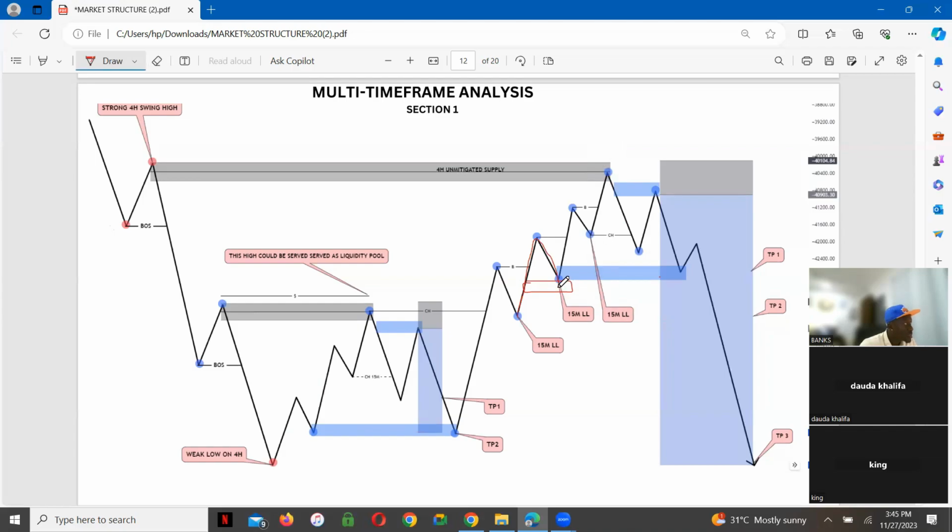Take an entry here, price came all the way up here. The pullback, maybe pick an entry, but price has not yet mitigated the higher time frame supply. Though you are trading against the trend, you could be making some small profit within this range.